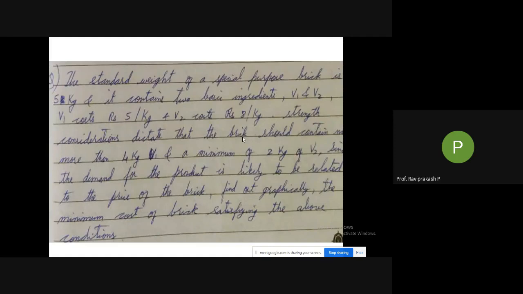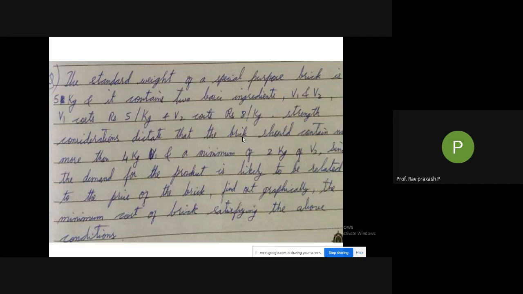You can write: the standard weight of a special purpose brick is 5 kg, and it contains two basic ingredients, comma, V1 and V2, comma.